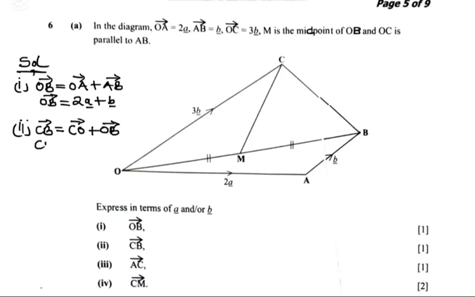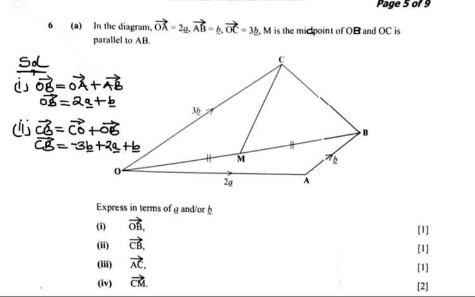So CB vector is going to equal CO vector. We said this is the negative of OC, so this is negative 3B vector, then plus OB. On OB we found 2A vector plus B vector.